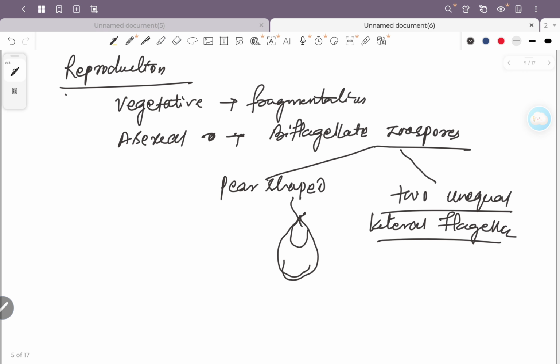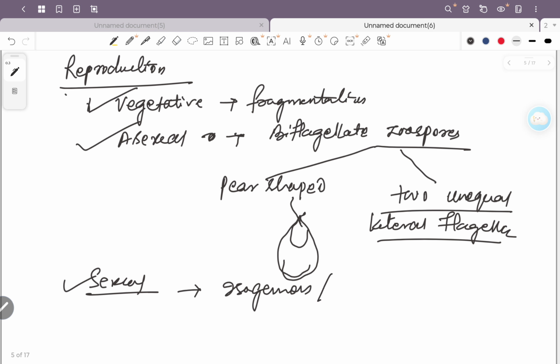Okay, then sexual reproduction. So this is vegetative, asexual, then sexual. Sexual reproduction can be isogamous, anisogamous or oogamous. Now come to the examples.